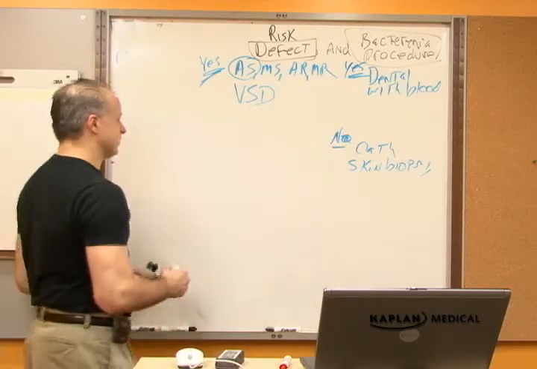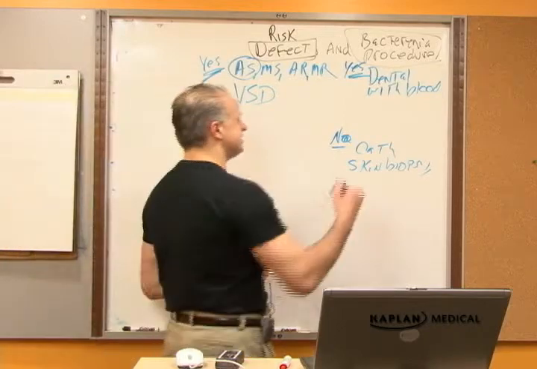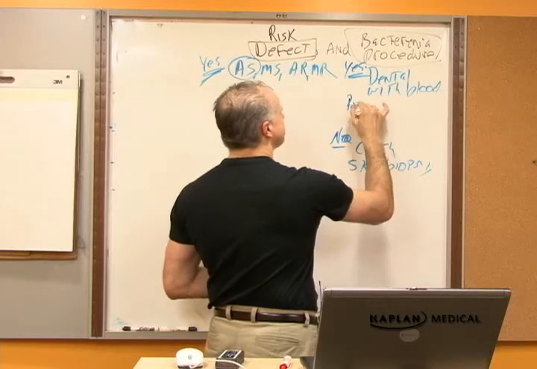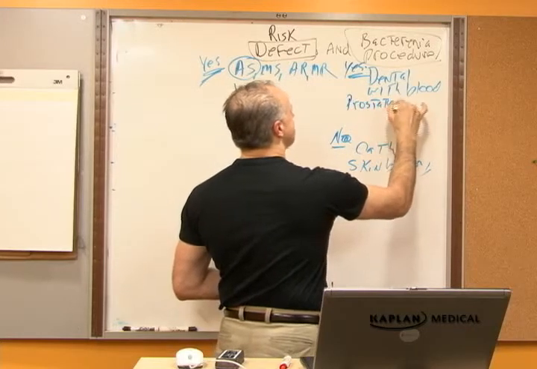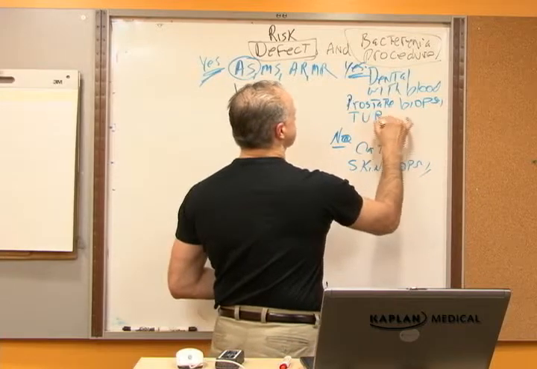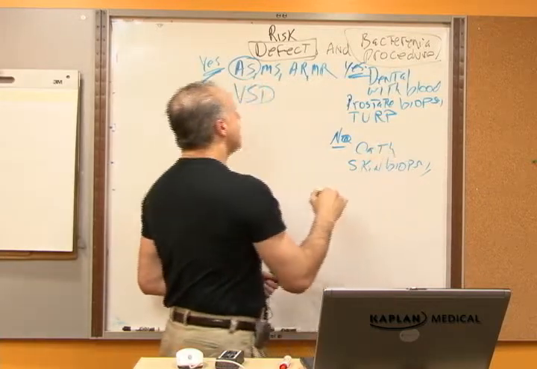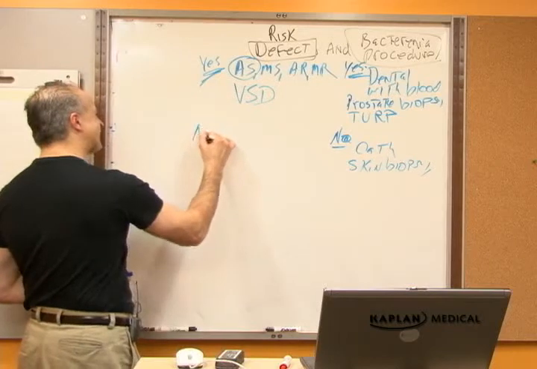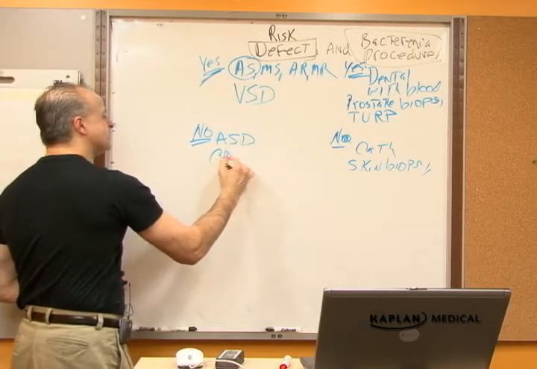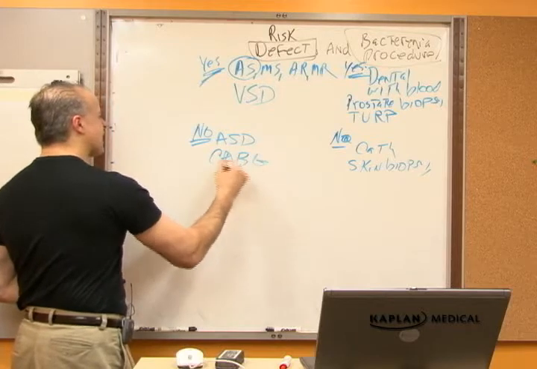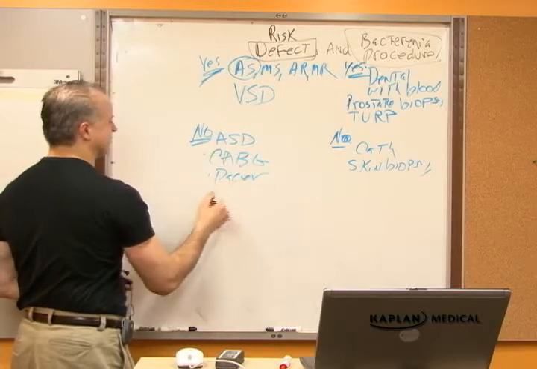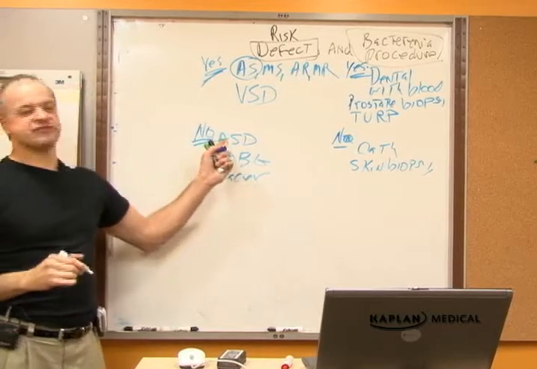The same way, if you're going to get your teeth taken out and cause blood, if you're going to get a hemicolectomy, a prostate biopsy, which causes bacteremia, or a transurethral resection of the prostate, but you have only a defect that is not significant, like a previous cardiac bypass, a pacemaker in place, an implantable defibrillator, or an atrial septal defect.